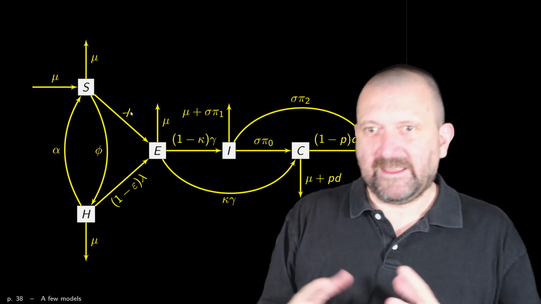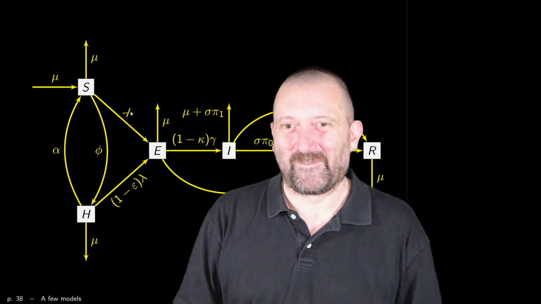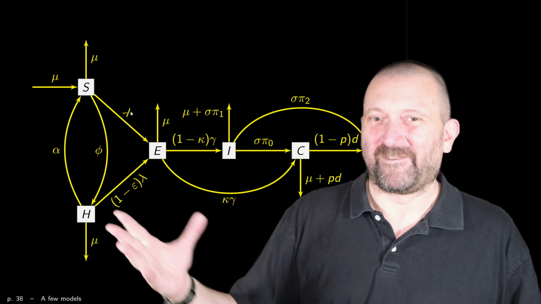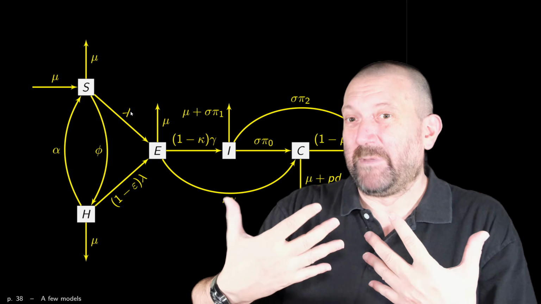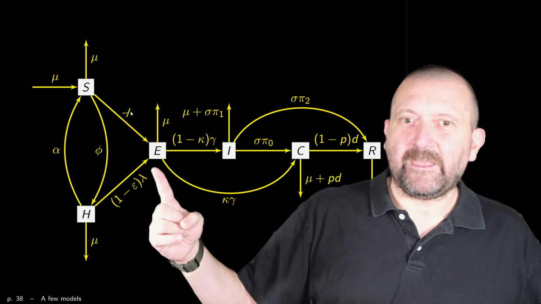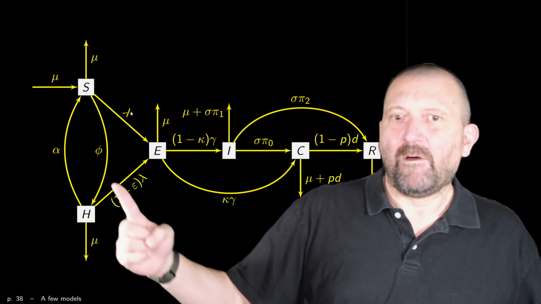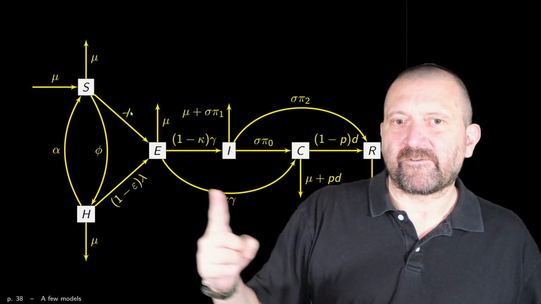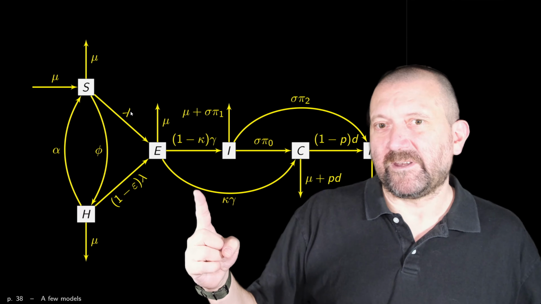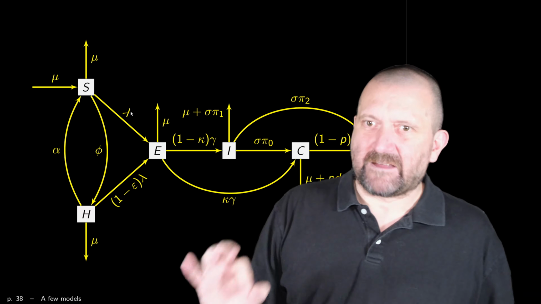Once they're in the E compartment, which, if you followed some of my lectures earlier, usually I call L, but this is the exposed, in the sense of being latently infected with the disease. Once you're in the E compartment, you can either progress to a symptomatic stage or progress directly. So you see there's this kappa here, that is the proportion of individuals who go into an asymptomatic carrier state.